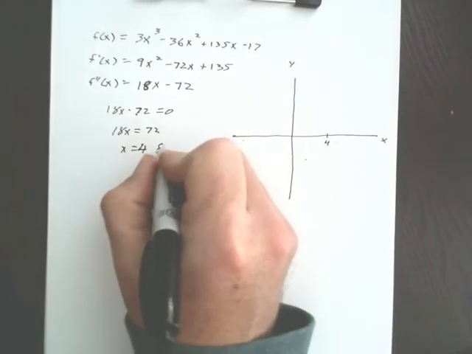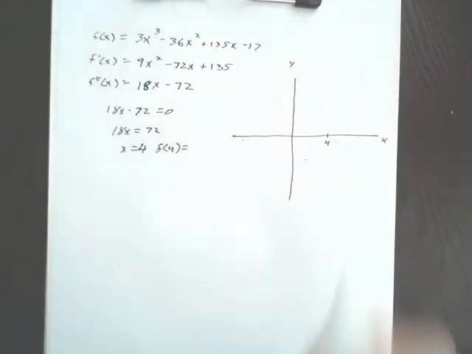Okay, so what is f of 4? F of 4 is 3 times 4 cubed minus 36 times 4 squared plus 135 times 4 minus 17.